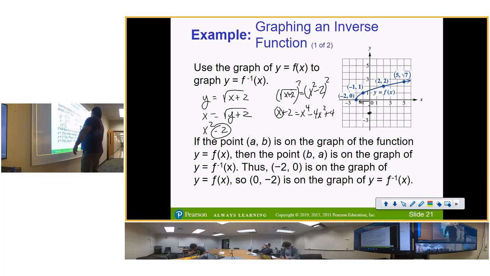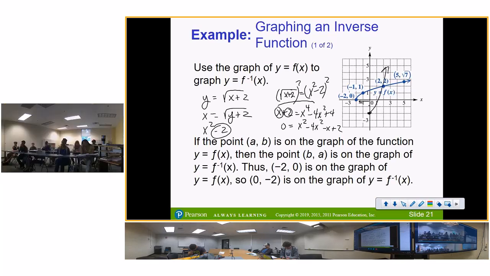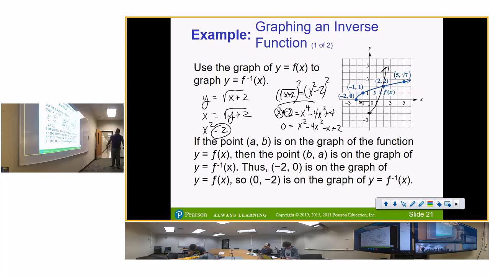Bring this over, and that's going to be 0 is equal to x to the 4th minus 4x squared minus x plus 2. And solve that, you get basically that they're crossing like that. Something like that. You'd have to do it on the calculator.